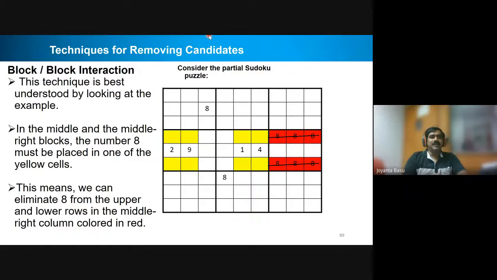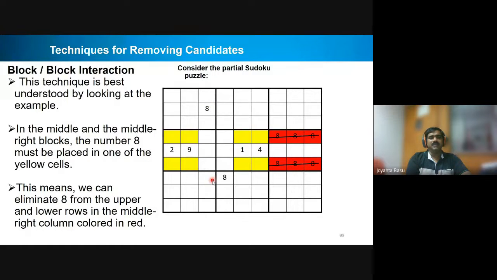There is another technique we will call block iteration. This technique is best understood by looking at the example. In the middle and the middle right block, the number 8 must be placed.